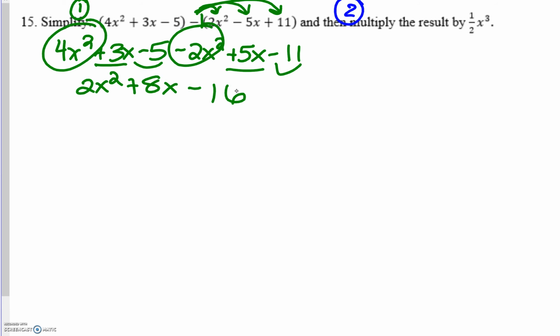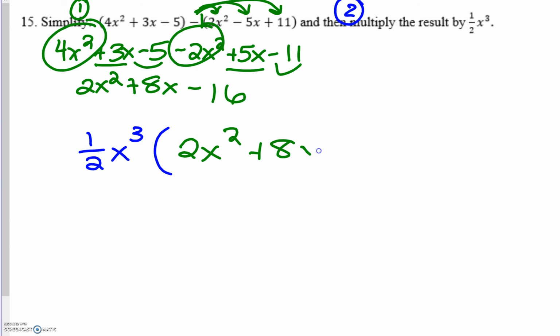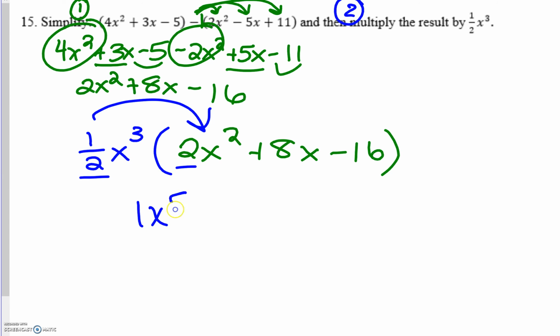We keep the exponent and we're just touching the coefficients. So now that I simplified the first half, it wants us to take that result and multiply it by 1/2 x to the third power. From here, I'm going to do 1/2 times 2, which is 1. X to the third times x squared, we have to add the exponents.